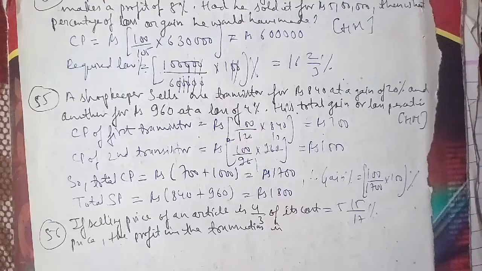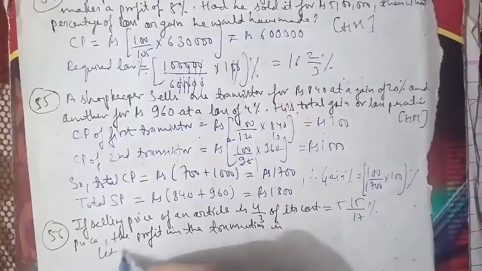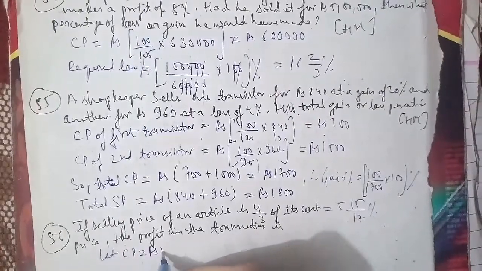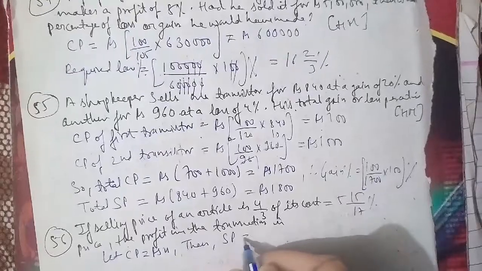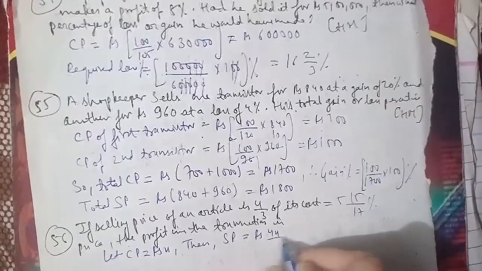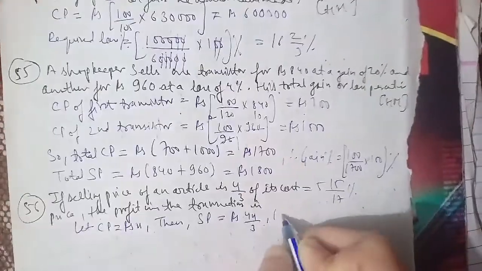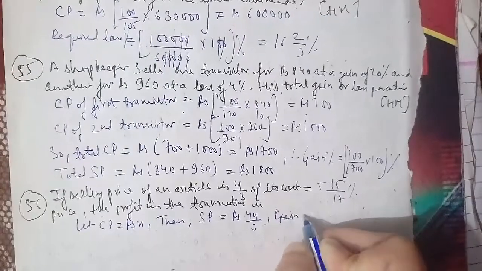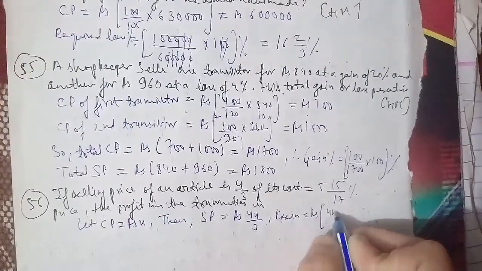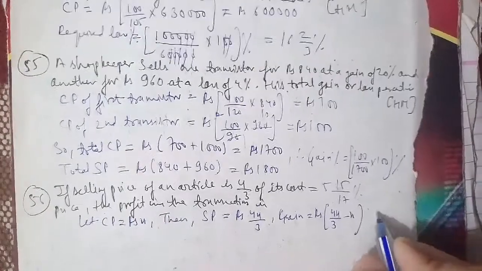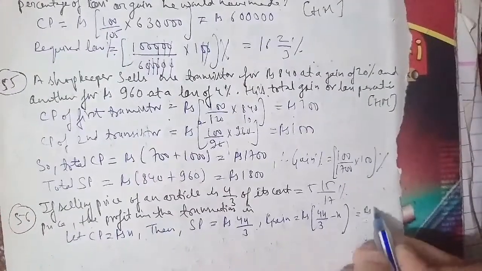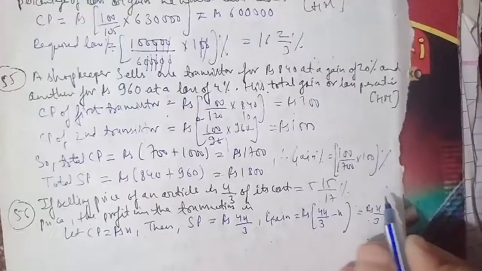So we'll find out the solution for the same. Let CP is equals to rupees x, then SP is equals to rupees 4x upon 3, and gain equals to rupees 4x upon 3 minus x, which is equals to rupees x by 3.